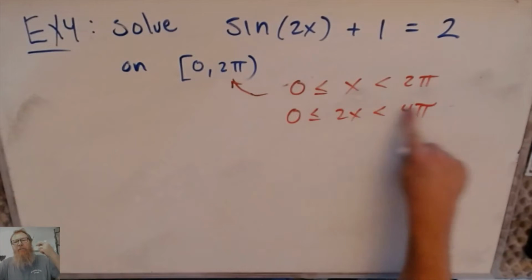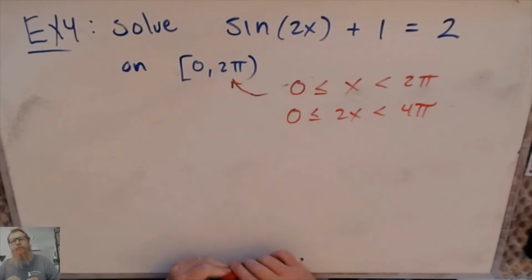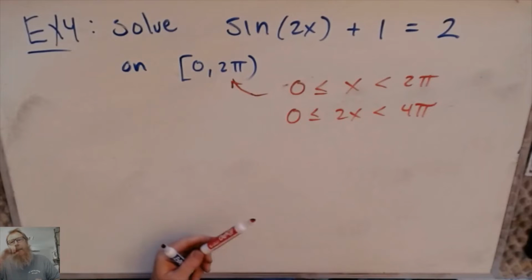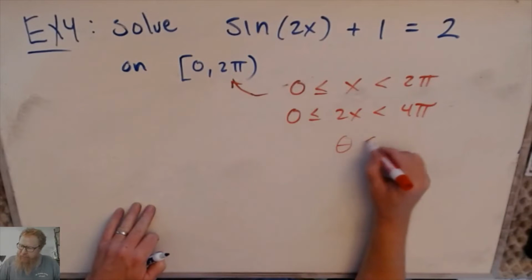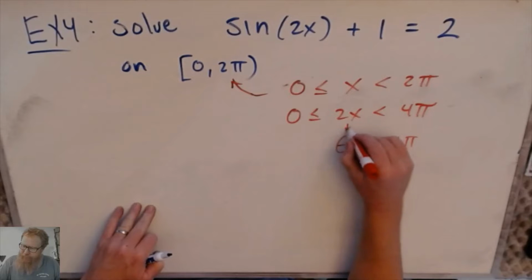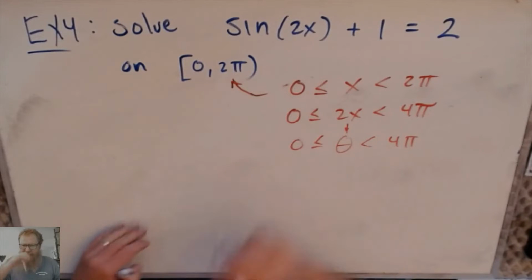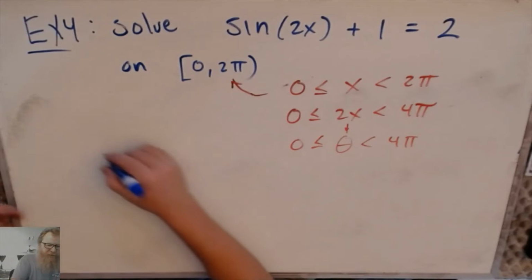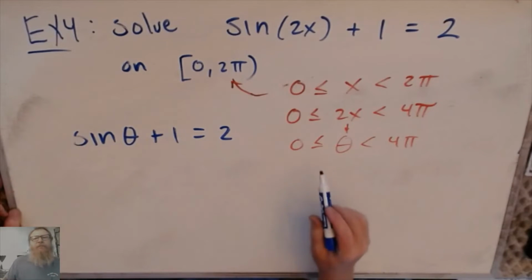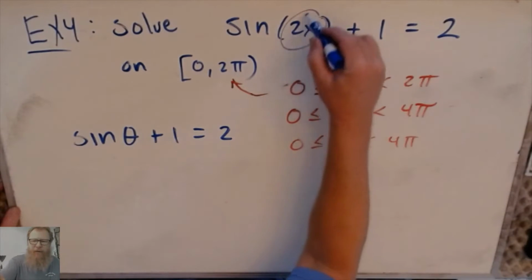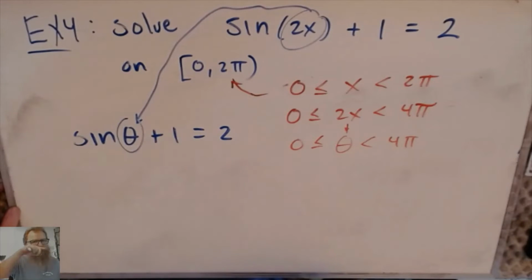Just multiply everybody by 2. Or you can call this theta. I like to switch to theta. And then my equation looks like this. Sine theta plus 1 equals 2. Just switching my 2x into a theta.